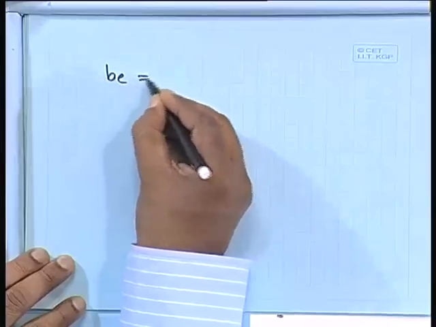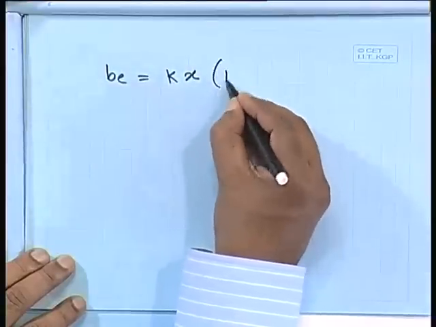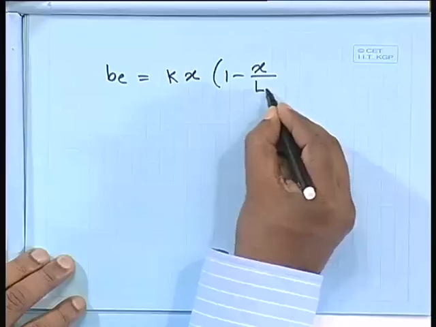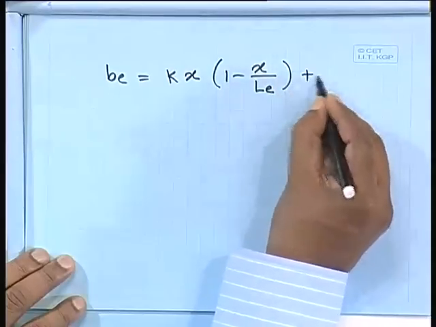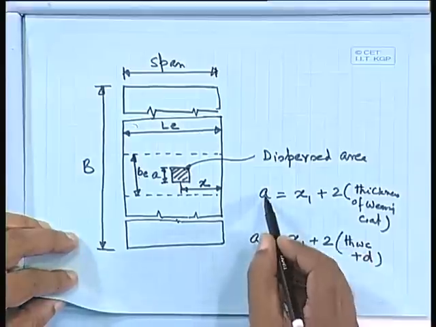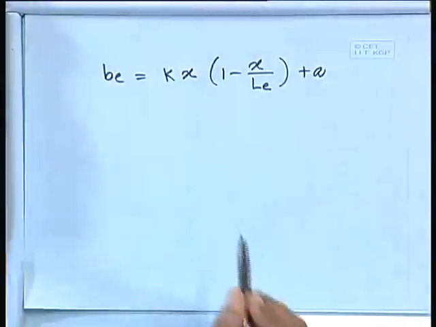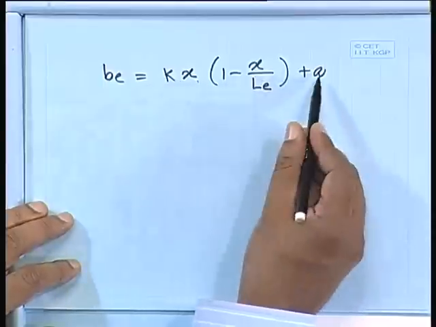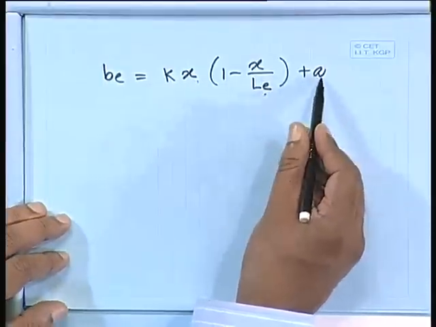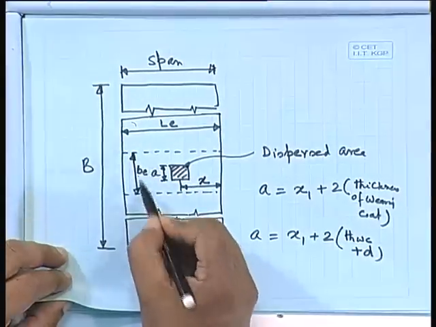BE, the effective width, equals K times x (1 minus x by LE) plus A. A I know, x I know, LE I know, so I can find out K, the effective span and A, and hence the effective width.